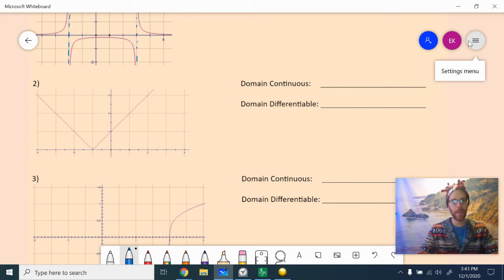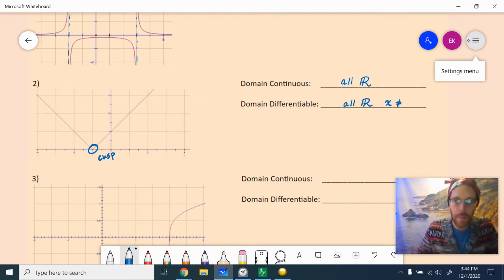And this absolute value graph, I can see that I can drive over the whole thing. So this is going to be continuous for all real numbers. However, it's not going to be differentiable for all real numbers because right there, at the cusp, we can see that the derivative is not defined. So this would be differentiable for all real numbers except for x can't be equal to -1.